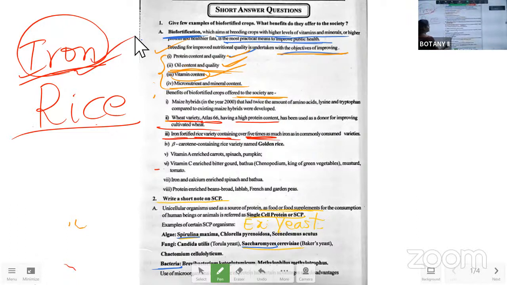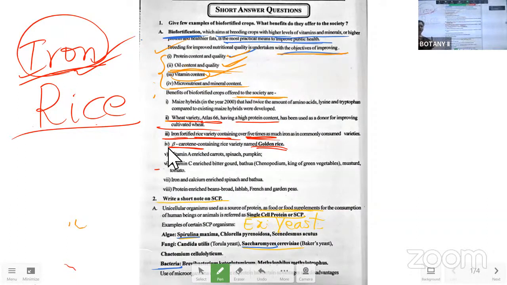Okay. And the next one is golden rice, the Taipei variety, golden rice. Okay. So this has more beta carotene in it. Carotene is the most important one for our body to maintain good health and immunity power.